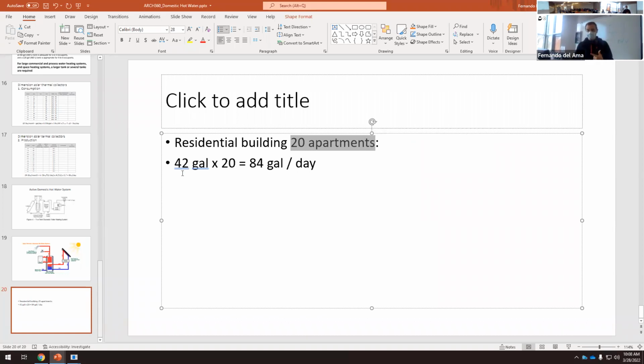And the first thing is to calculate the hot water consumption per day. So it's 40 gallons per day. The second would be to use F-Chart to calculate the area of collectors.